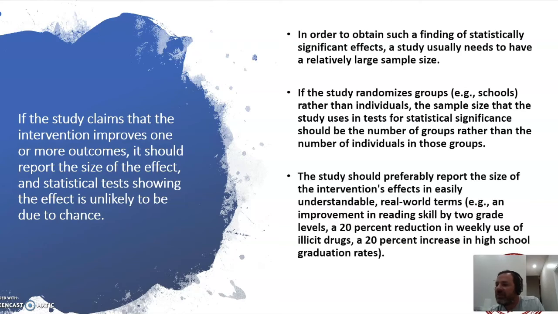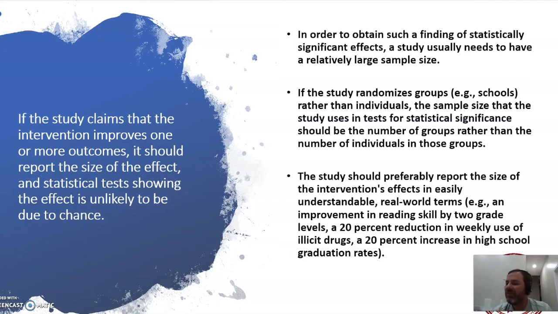The study should preferably report the size of the intervention's effects in easily understandable, real-world terms. Example: an improvement in reading skill by 2 grade levels, a 20% reduction in weekly use of illicit drugs, a 20% increase in high school graduation rates.